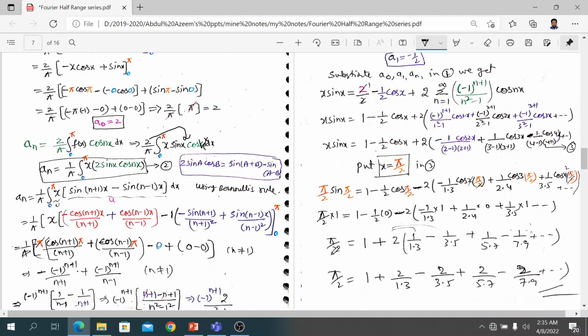So pi by 2 equals 1 minus, taking minus common, 2 plus, so 1 by 1 dot 3 plus becomes 1 by 3. Since here 0, so 1 3, 3 5, 5 7, and so on. So pi by 2 equals 1 plus 2 ones are 2 by 1 dot 3, minus 2 ones are 2 by 3 dot 5, plus 2 into 1 by 5 dot 7, and so on.